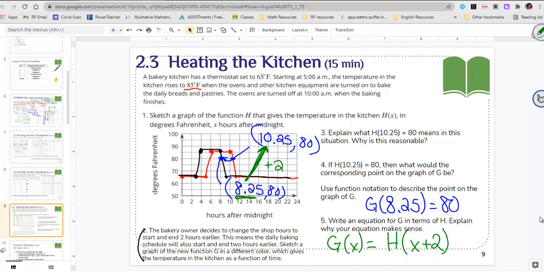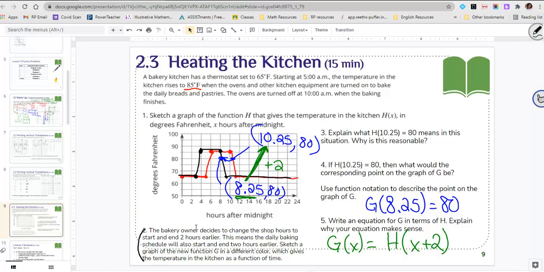And our new 8:25 corresponds with something that was 2 hours later on our original graph. So those points would have to add 2 to it to make it true. Lots of people think that in this situation, because we're moving the time 2 hours earlier, we would just subtract 2 from it. But a -2 would actually shift our graph to the right, and we wanted to shift it to the left.